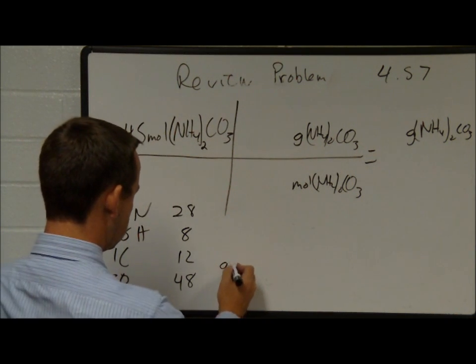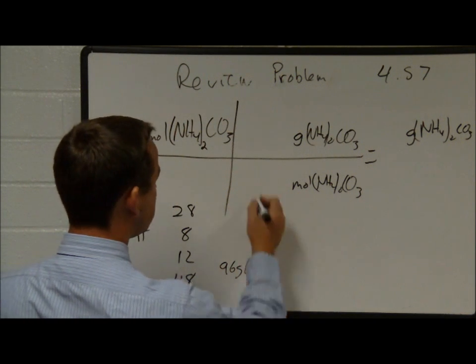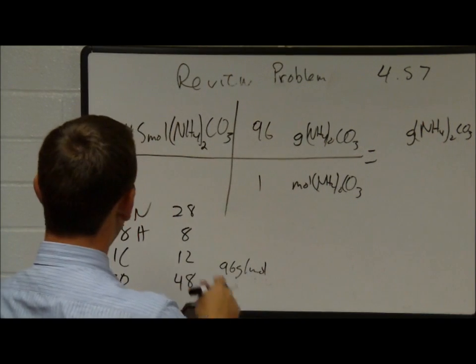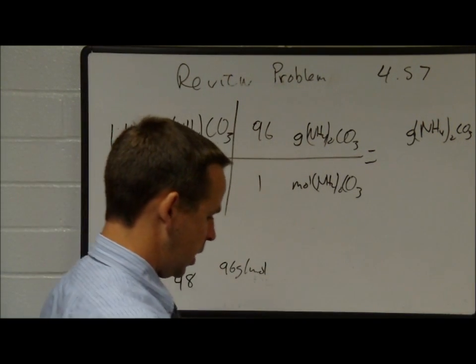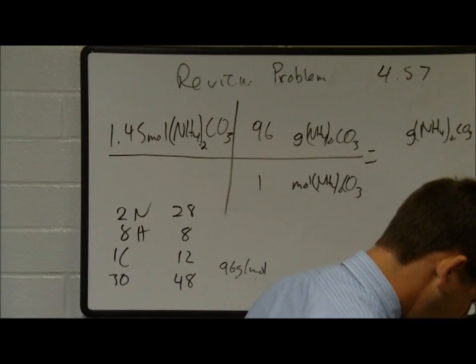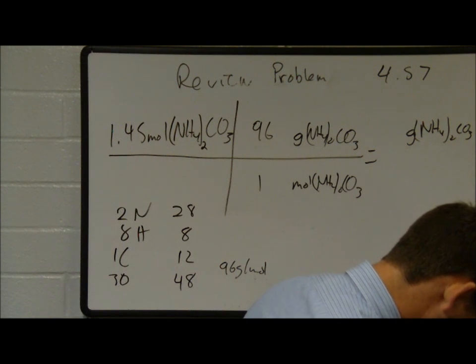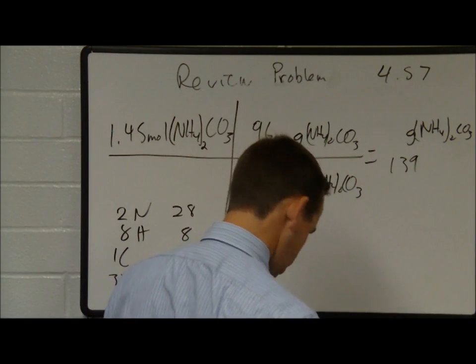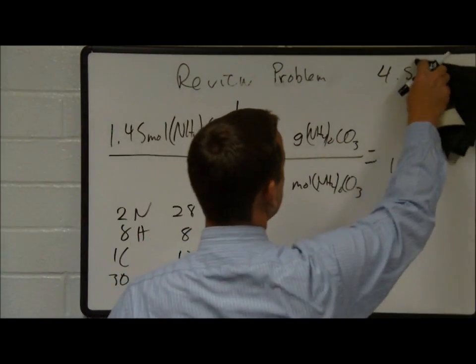That's 96 grams per mole, approximately. So 96 times 1.45, 139.2. 457, 139 grams. All right, so we got it. All right, so we're on to 459.